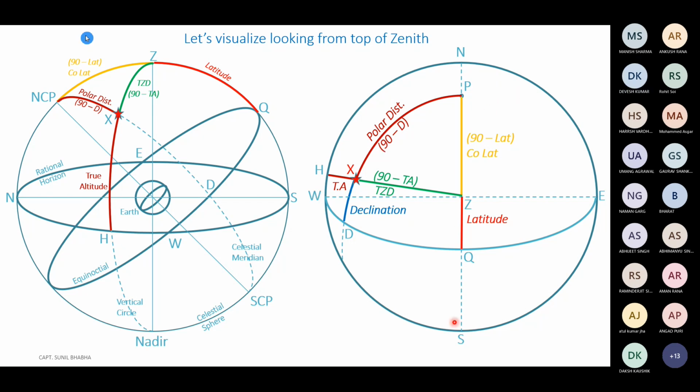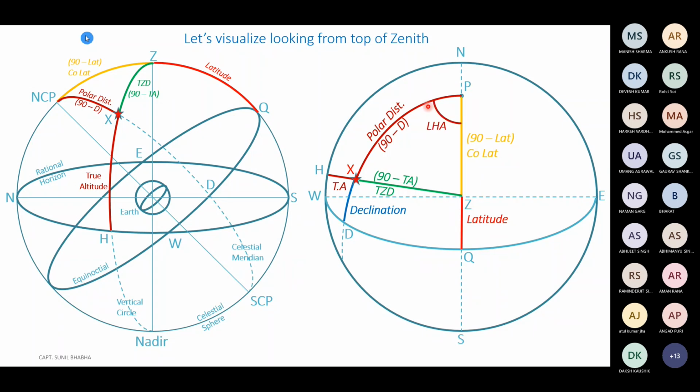The right side in this diagram represents the easterly direction, and this side represents the westerly direction. So angle P is the angle at the celestial pole contained between the celestial meridian of the observer and the celestial meridian of the body measured westwards.